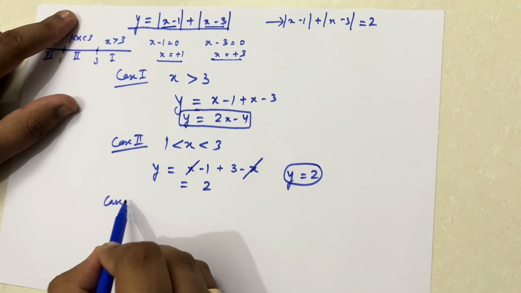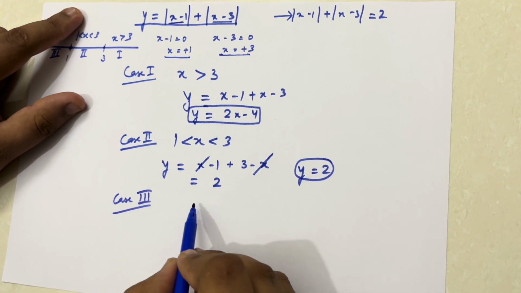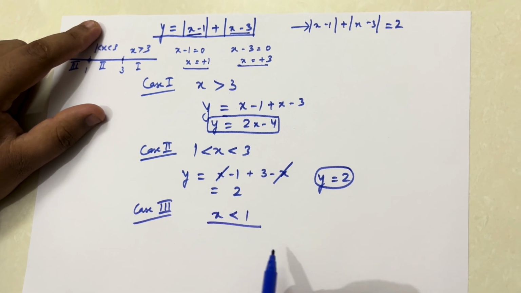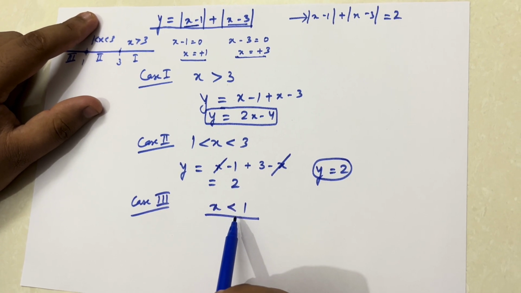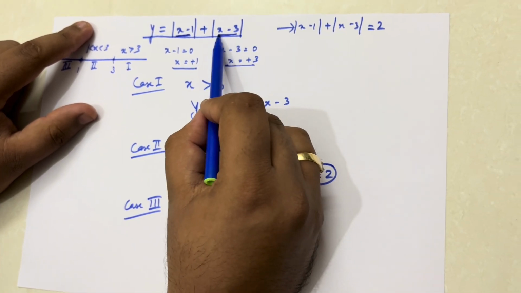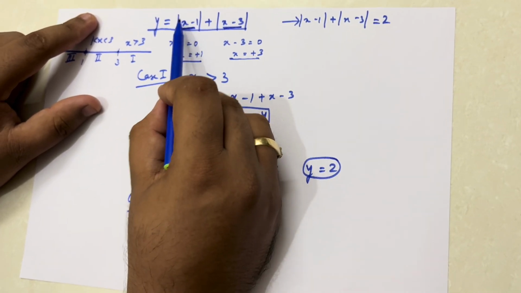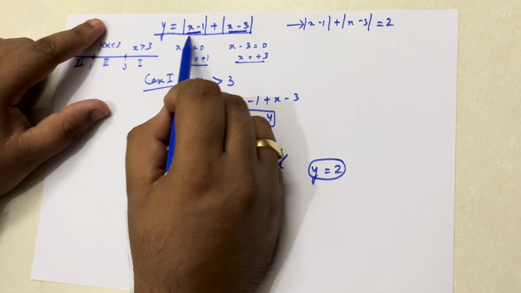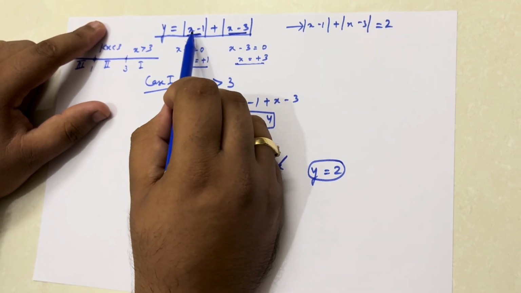Case 3. If x is less than 1, this part becomes negative. Your motive is to remove the mod, so you have to take the positive value of this.